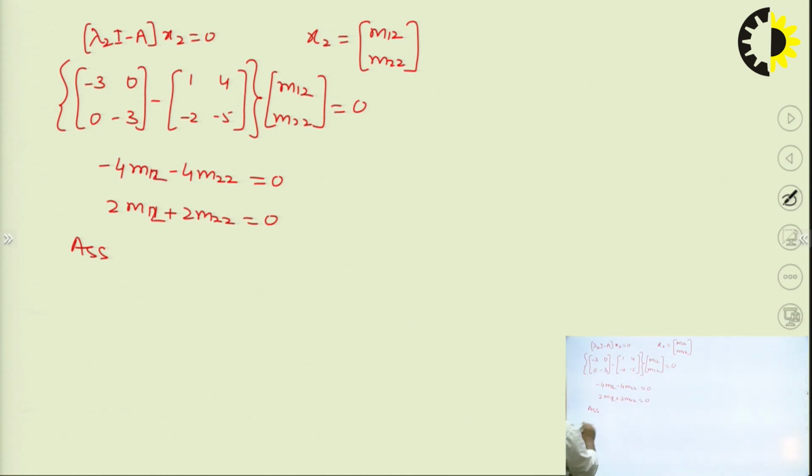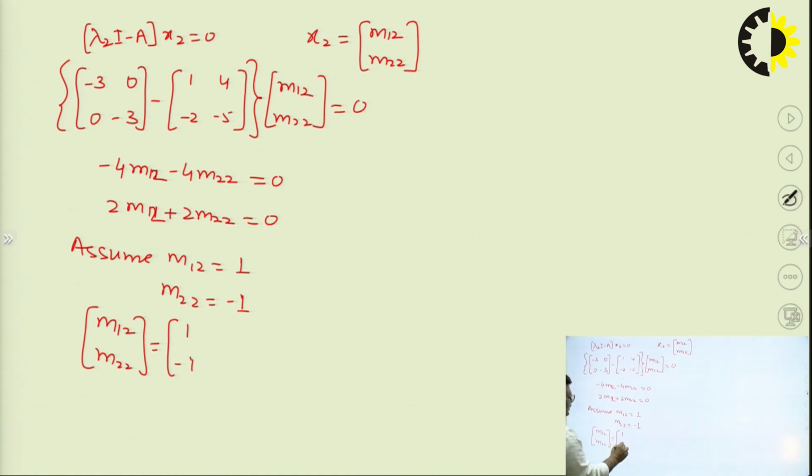So if I assume m12 is equal to 1, then m22 will be minus 1. So the second eigenvector, m12, m22, is equal to 1 and minus 1.